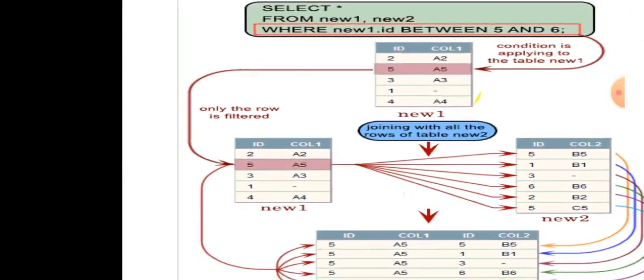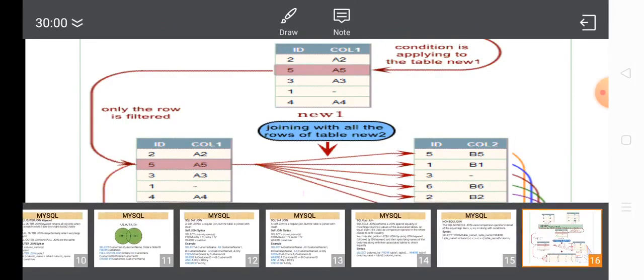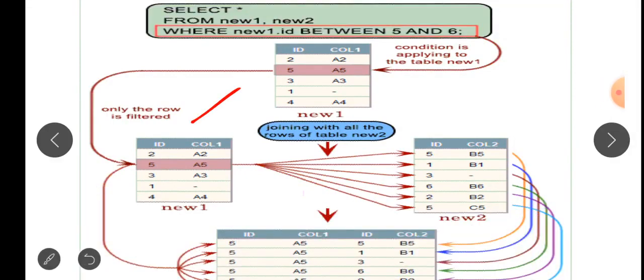Now only one row is filtered, as clearly indicated, and then it is joined with the other rows of the table.